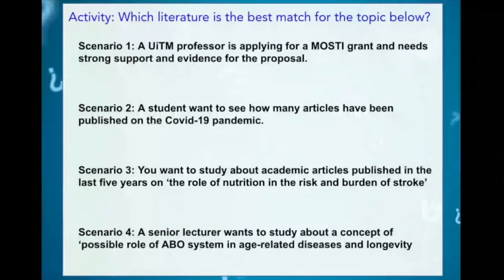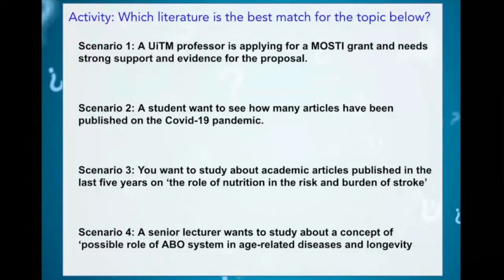Can anyone answer? What type of literature review best matches scenario number 1? Do you want to construct a narrative review, or critical, or systematic, or meta-analysis?